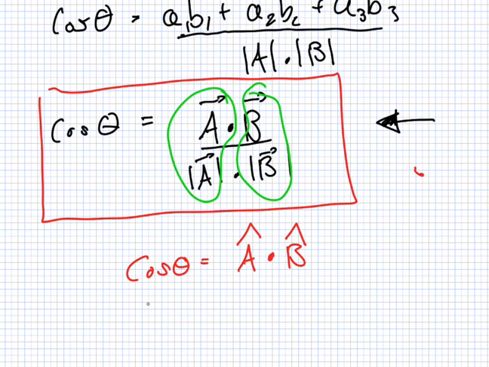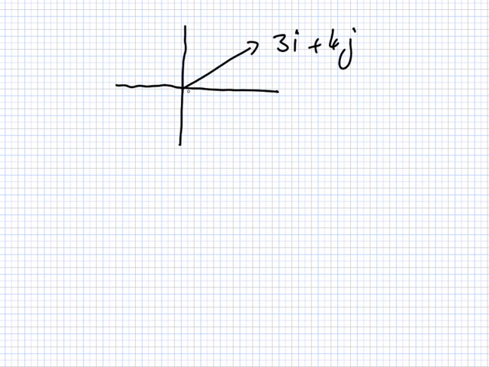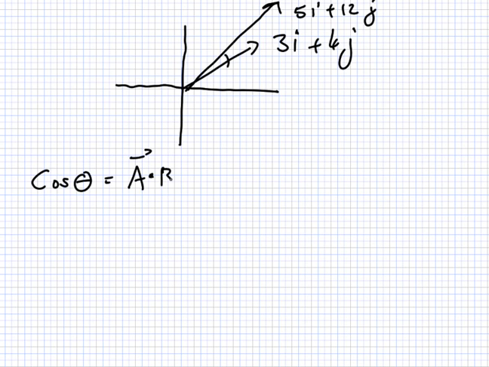Okay, can I scroll down? Yes, you have this? Right, let's have a look at an example. First let's do one in 2 dimensions. Here's the vector 3i plus 4j, and here's the vector 5i plus 12j. Now we want the angle between them. We know that cos theta is equal to A dot B as unit vectors.